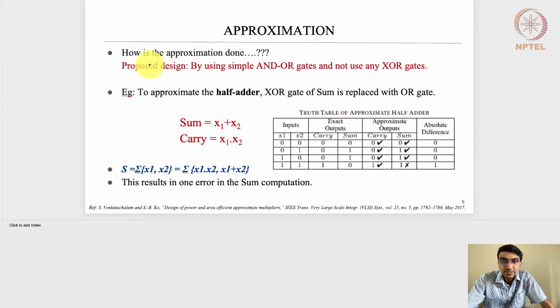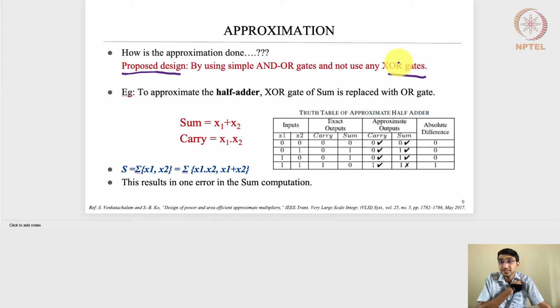Right, so how is the approximation done? The proposed design in this particular paper is that you can represent the partial products in the form of AND and OR gates, and not use the XOR gates at all. Instead of an XOR gate which will give you an accurate sum, why not use an AND gate or an OR gate, right?